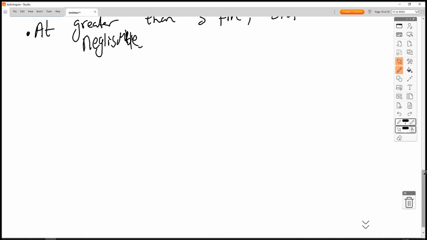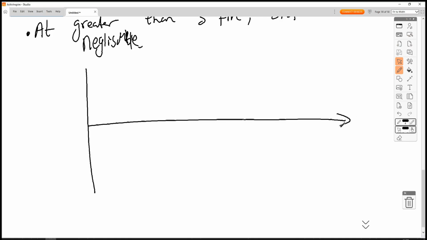Now if we graph what this looks like, we have a graph which looks like this. We put the force on the y-axis, we put separation on the x-axis, and we'll mark a couple of points of interest.